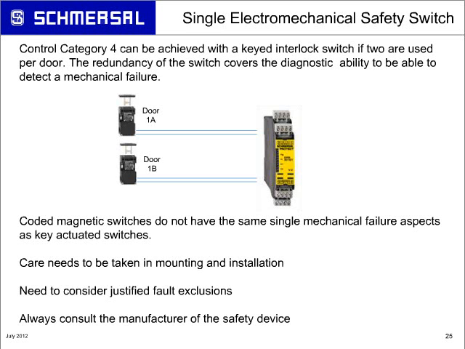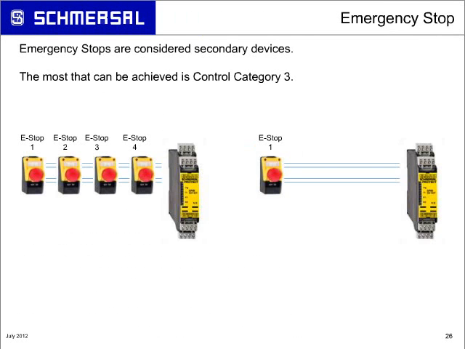When you look at emergency stops, whether you're wiring emergency stops in series or it's a single emergency stop wired to a safety relay, one of the common misconceptions or interpretations that people may have that are varied is what we were just talking about. We said daisy chaining, the most you can achieve is category 3, but one switch, it might be possible to achieve control category 4.